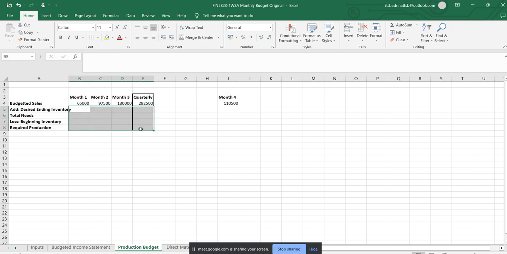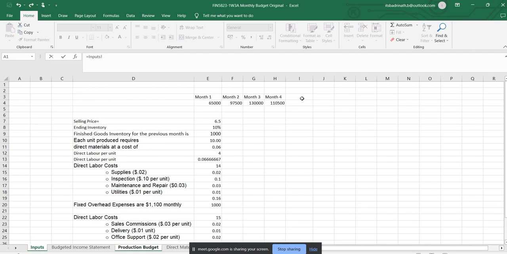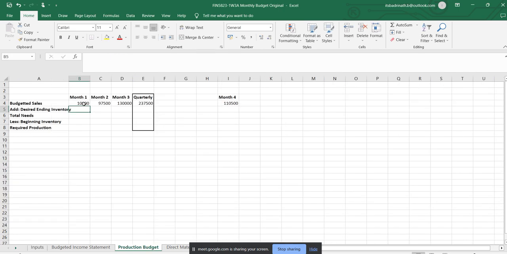So for this one, what we have to do is: this is equal to the month's sales value divided by the selling price. The selling price is common for every month, so I am taking a common reference for the sales price, as a static reference.